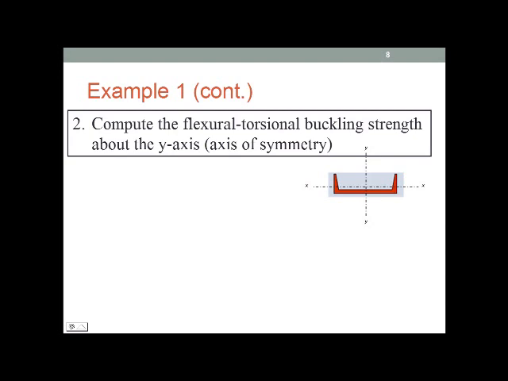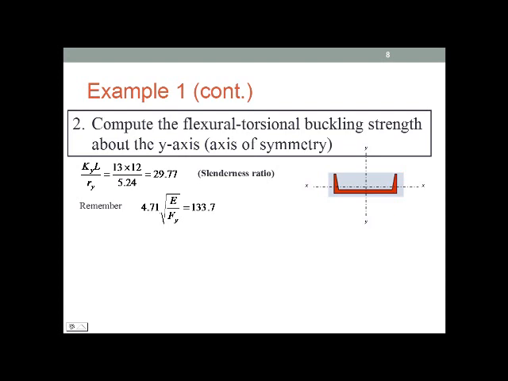2. Compute the flexural-torsional buckling strength about the y-axis, the axis of symmetry. Calculate the slenderness ratio with respect to the y-axis, KyL over ry. Notice that the effective length 13 has been multiplied by 12 to convert feet to inches. Now we have a slenderness ratio of 29.77.